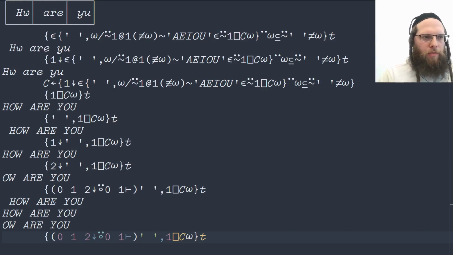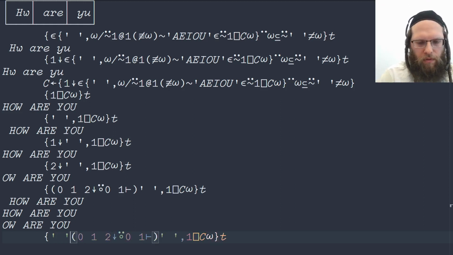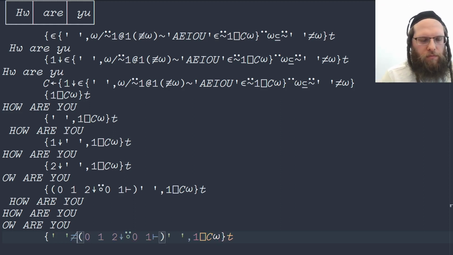Now we can compare this whole matrix to spaces. For example, like this. We can put it inside the parentheses.